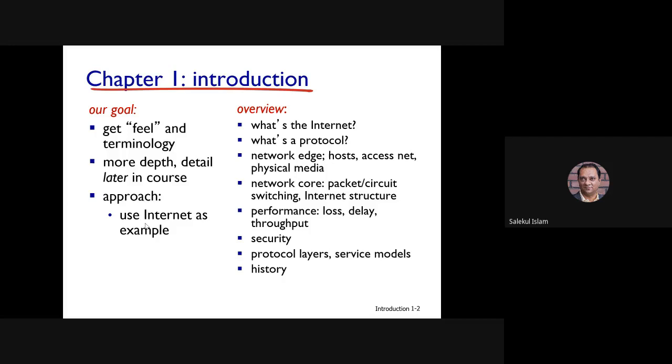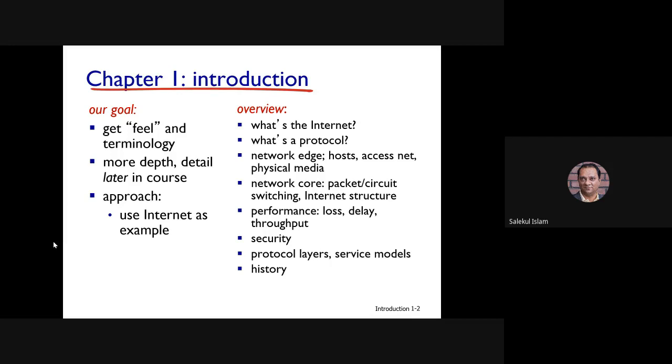That's why we use capital I. If you use a small letter i, it means any network that has some other smaller networks, because the name internet comes from internetworking. The short form of internetworking is internet. So we use capital I.